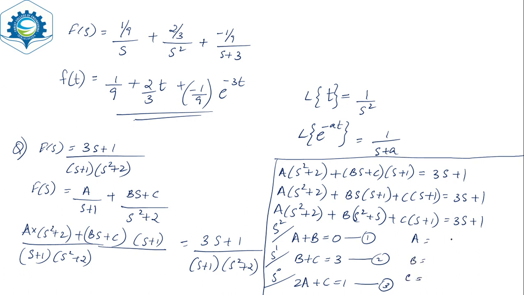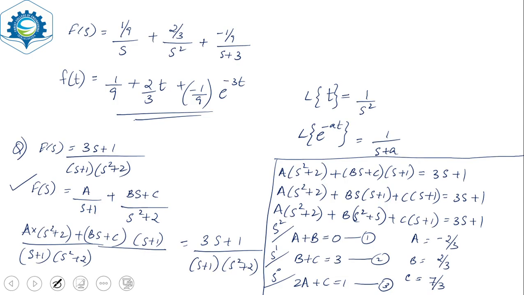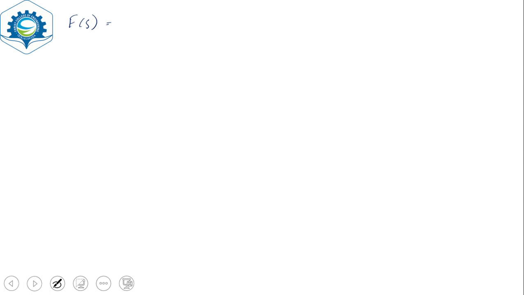I'll just give the direct values over here. The value of a will be -2/3, b will be 2/3 and c will be 7/3. So we can just substitute the values in your function. You'll get f(s) = a/(s + 1) plus (bs + c)/(s² + 2).